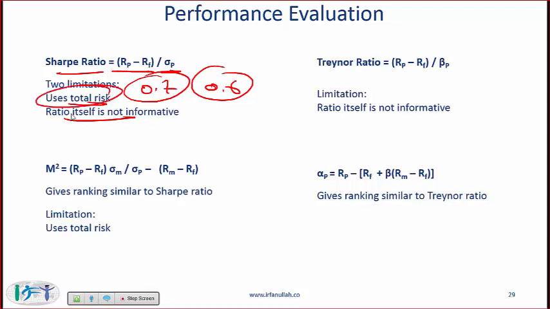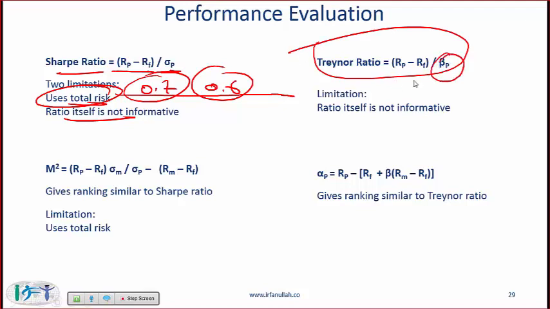The fact that this uses total risk can be improved by using the Treynor ratio, which is like Sharpe except that it uses systematic risk. But the issue related to the ratio still remains.